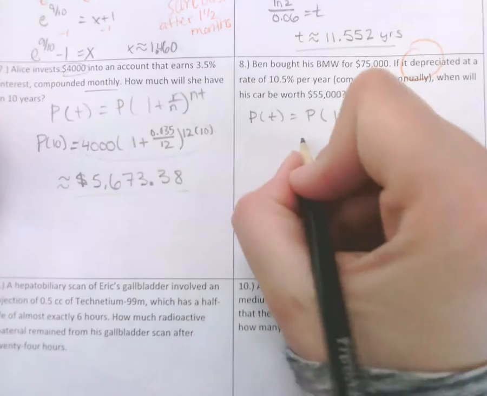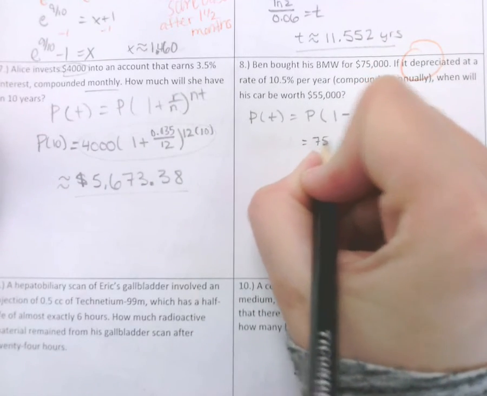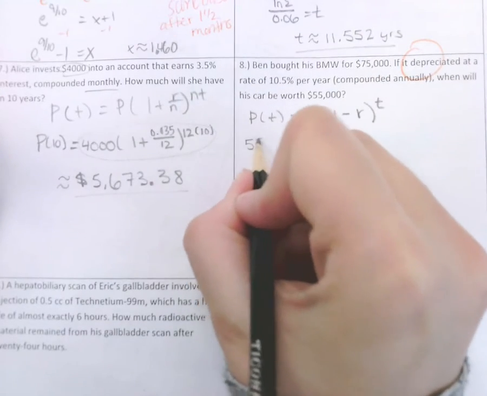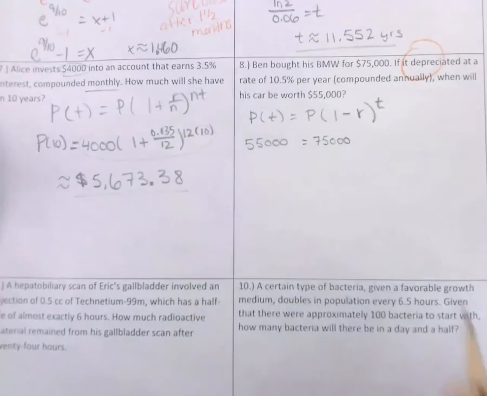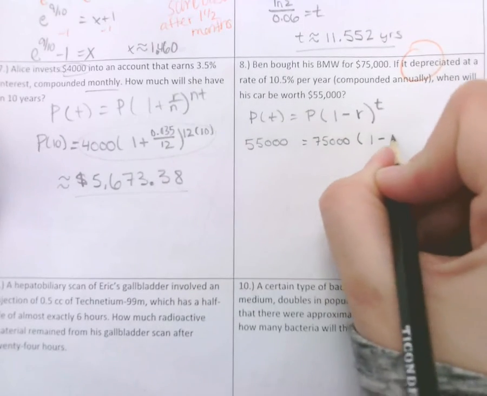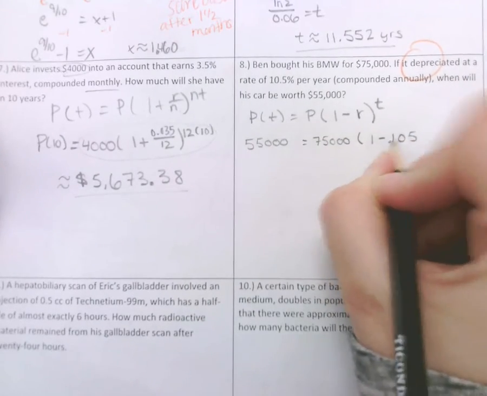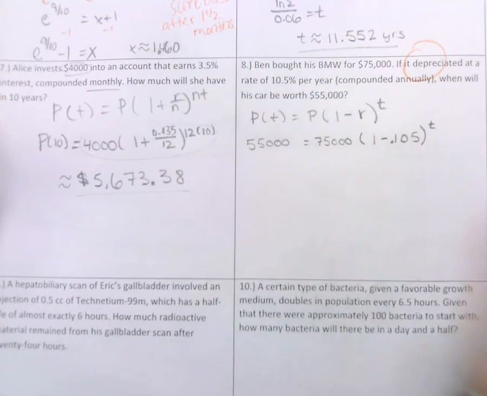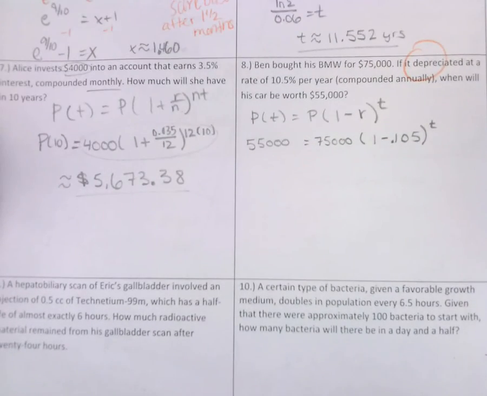So if the car starts out at 75,000 and then depreciates to 55,000 at a rate of 10.5%, how many years will that take?